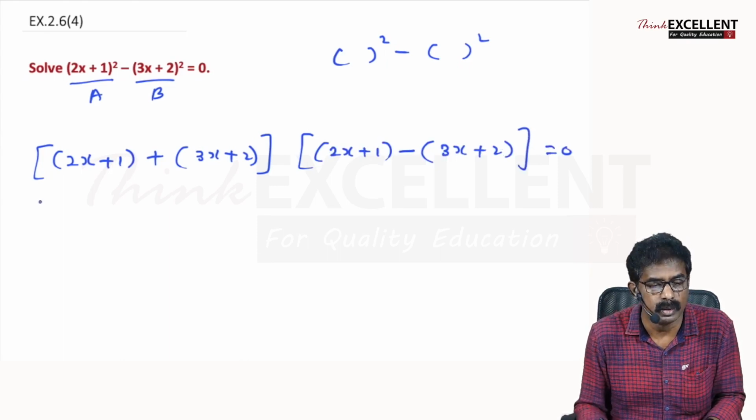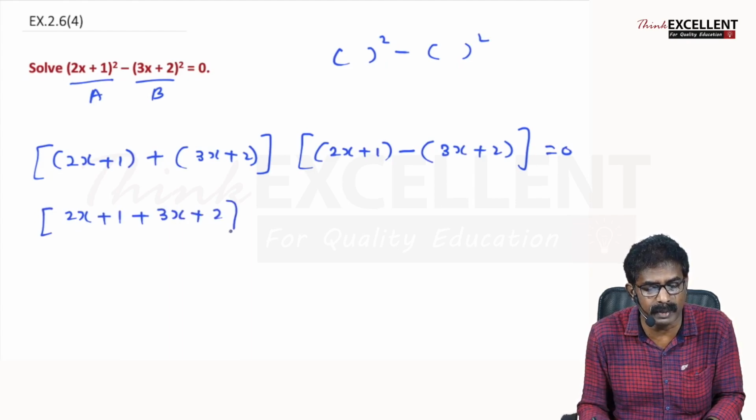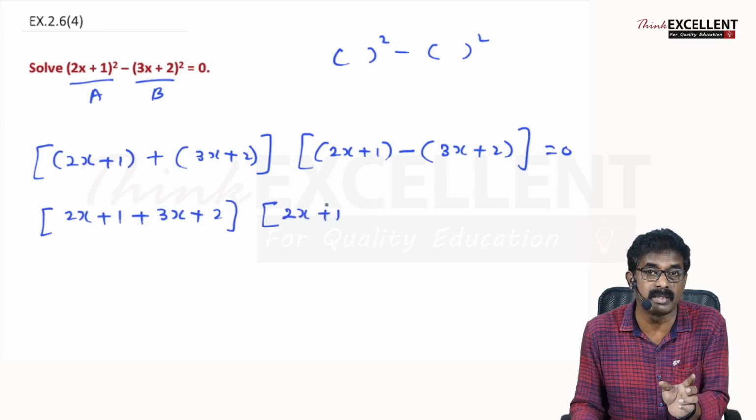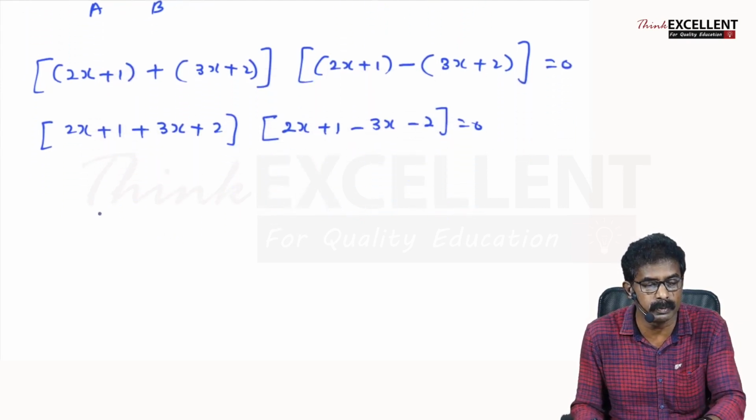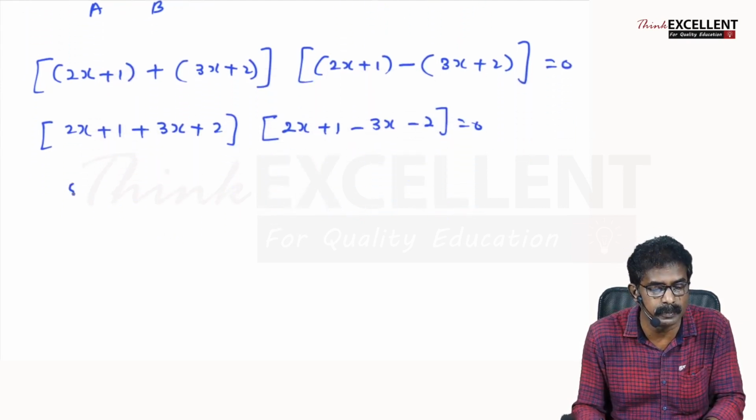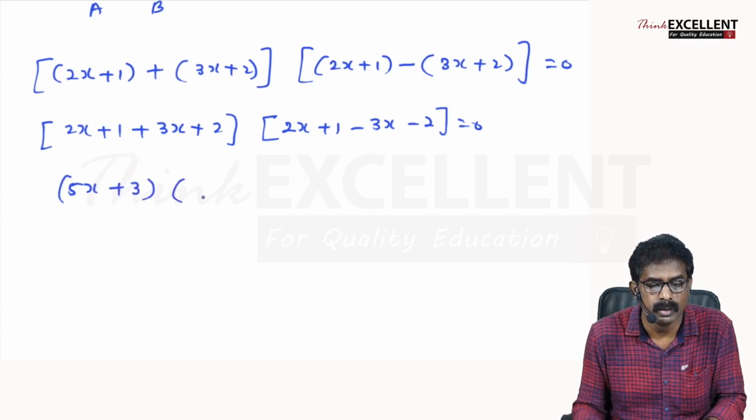equal to 0. So the first one becomes 2x plus 1 plus 3x plus 2. Second one do carefully because minus is there, no? So 2x plus 1, that minus is for both. So minus 3x minus 2 equal to 0. So here you get 2x plus 3x is what? 5x plus 3 into 2x minus 3x.